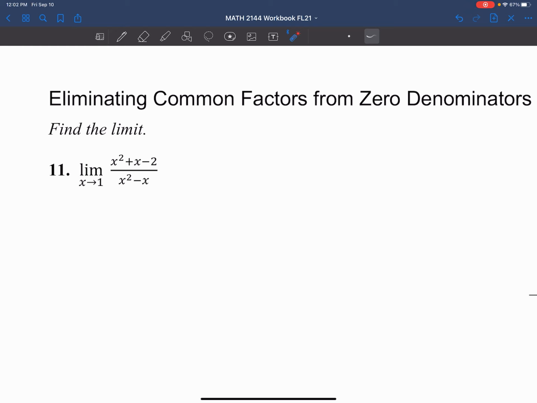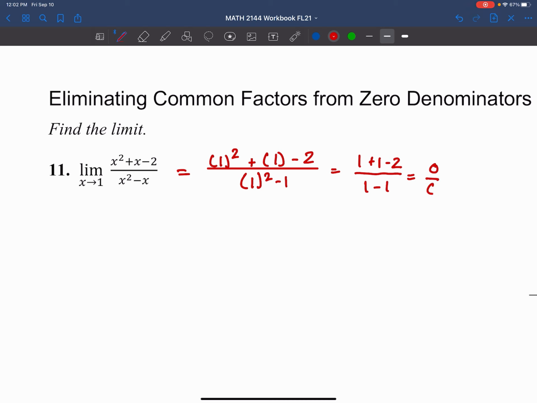So if I look at this right here, I see that the value of x we're approaching is 1. So I'm going to just go ahead and try to plug that in. I get 1 squared plus 1 minus 2 divided by 1 squared minus 1. What we get here, though, in the numerator, is 1 plus 1 minus 2, divided by 1 minus 1.